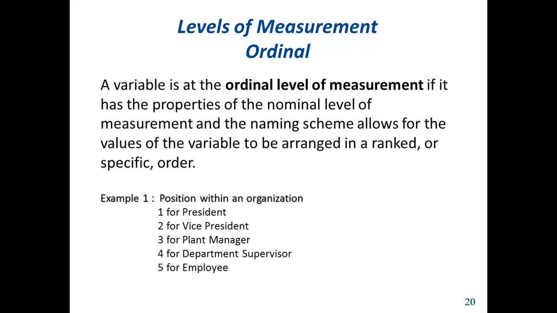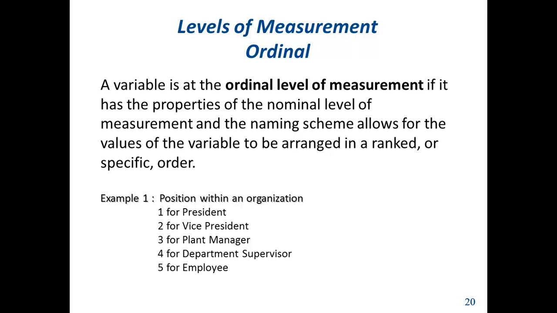While for the ordinal scale of measurement, it is similar to the nominal, however order is important. Keywords: rank, order, or rate. When you rate a hotel, a restaurant and so on, this is going to be the ordinal scale of measurement. So we have some examples.